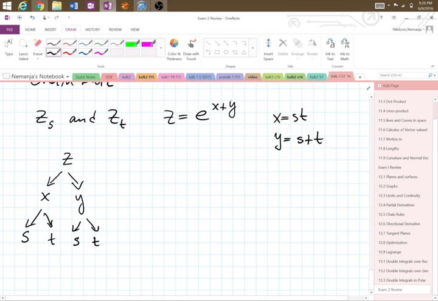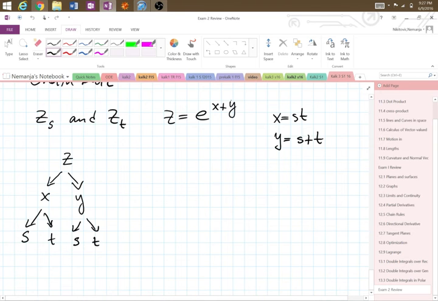If x depended only on t, say x was equal to t, then you would just have x and then t, and no s on this branch. The other one might be s plus t, and you have both. So the branching is done per function per level. z is the top level and branches into x and y, and then x is again s and t, and y is s and t.